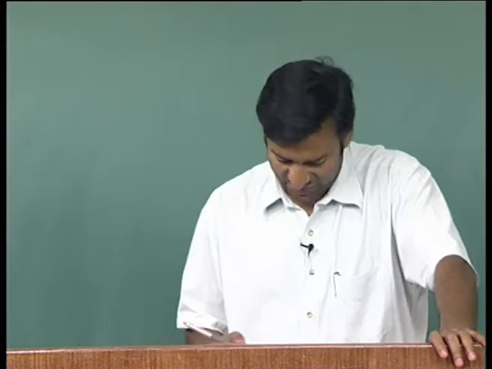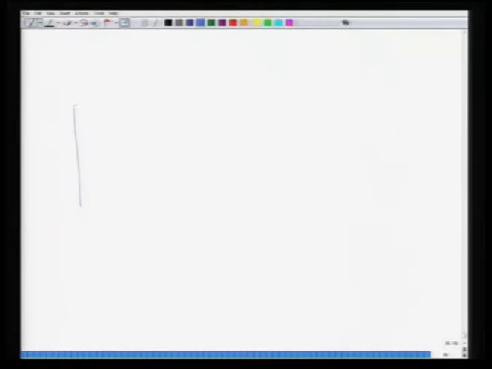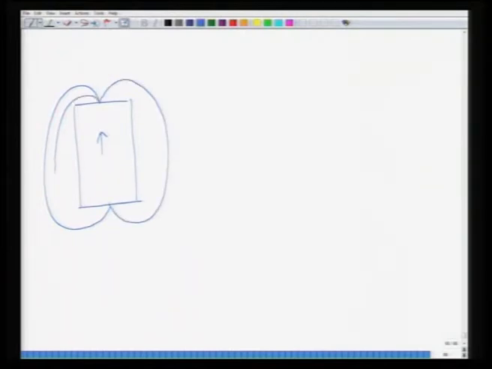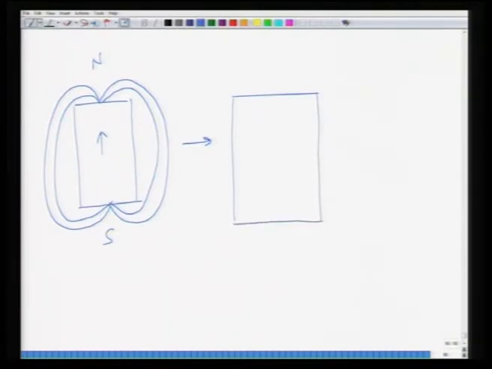So, you have this state with single magnetization, which has consequences in terms of large surface flux. Now, this tends to break this single domain state into a more stable state.